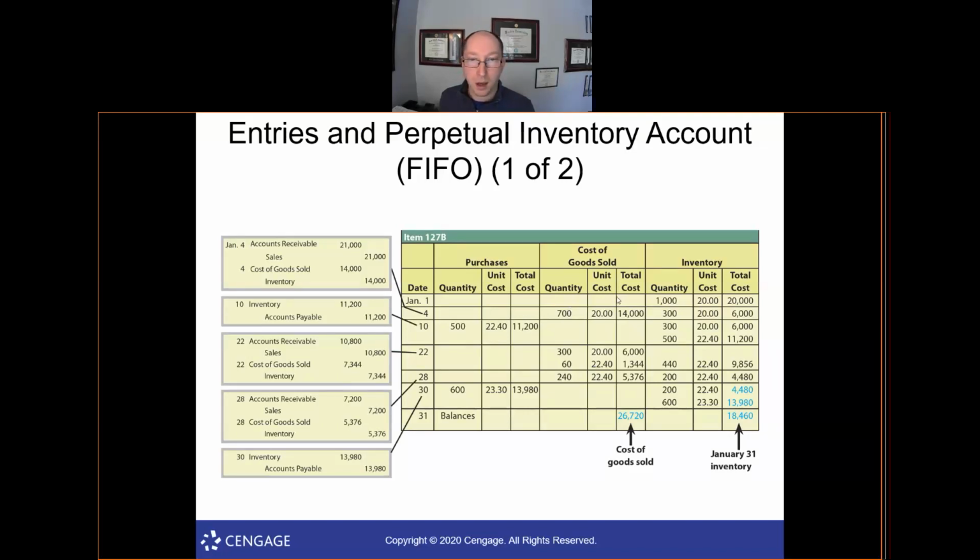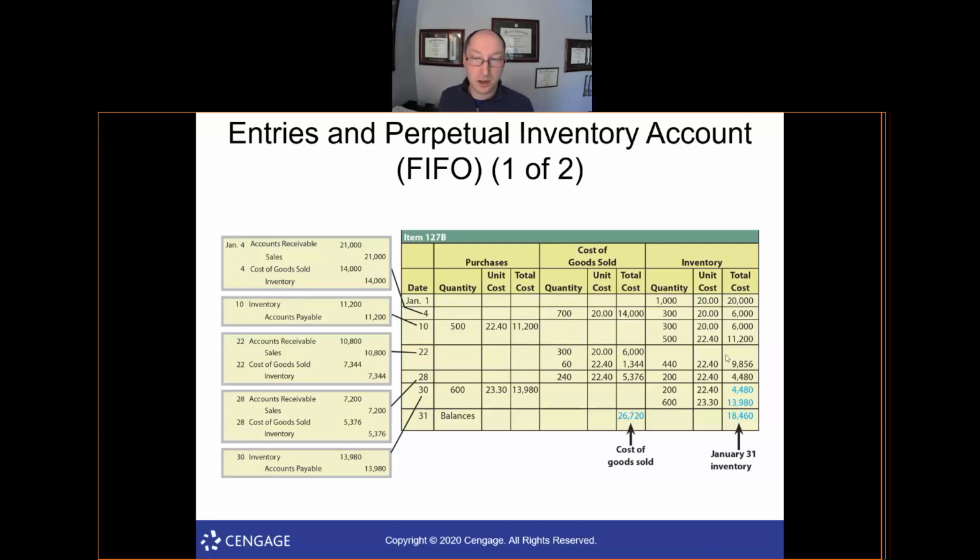Yeah. That on January 4th, we see I sold $21,000 worth. I sold 700 units. 21,000 debit accounts receivable, credit to sales. And of course, anytime you sell something, you have to debit cost of goods sold and credit inventory.